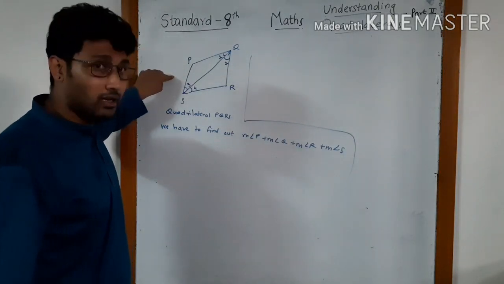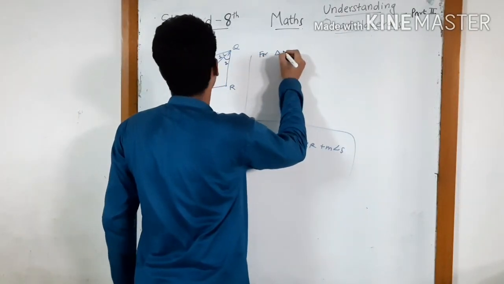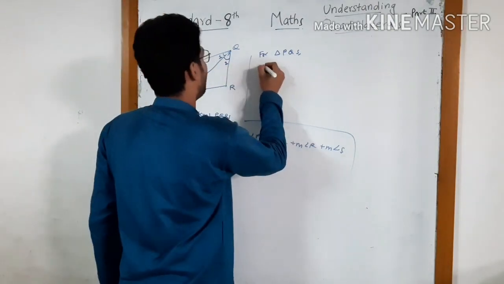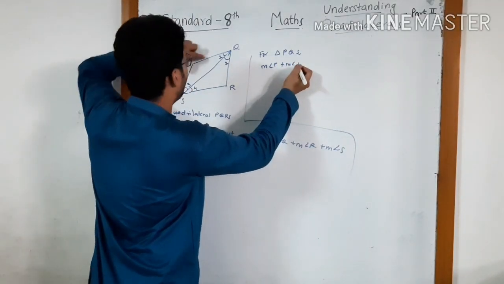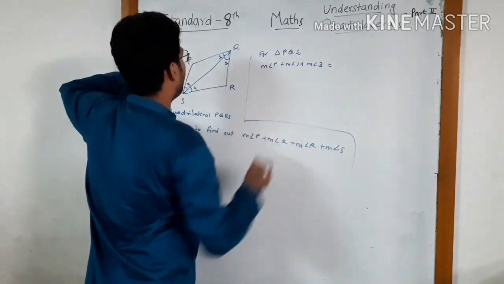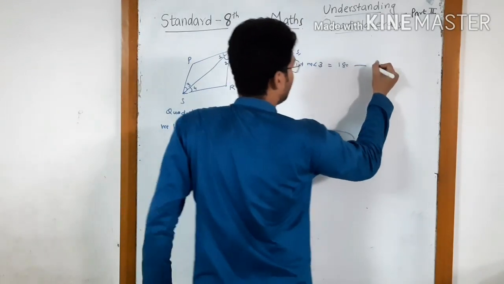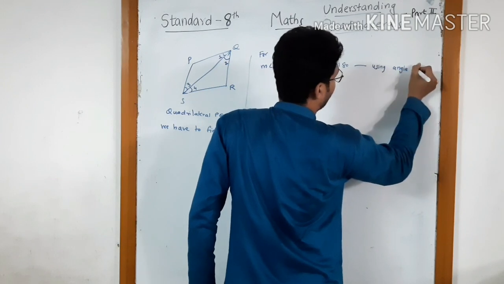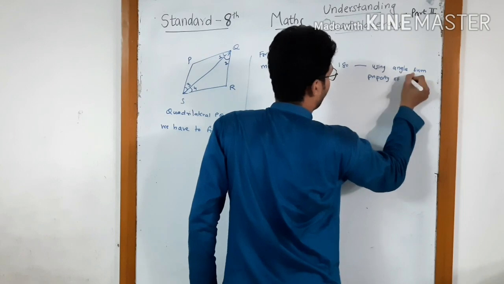So let us use the angle sum property of the triangle. For triangle PQS, what do I have? Measure angle P plus measure angle 1 plus measure angle 3 is equal to, what is it equal to? 180, using the angle sum property of triangles.